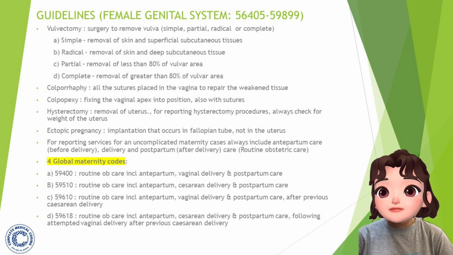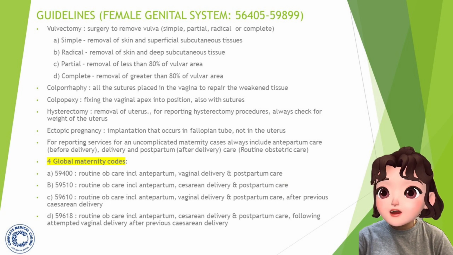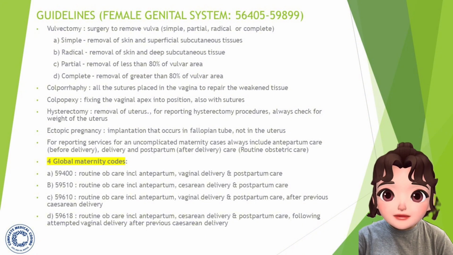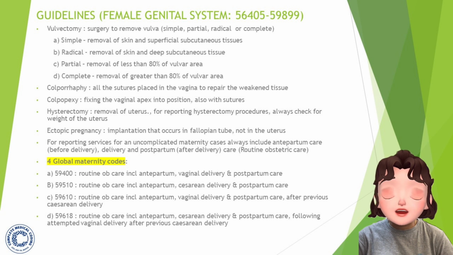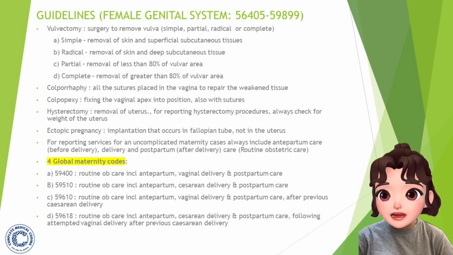Now, for reporting services for uncomplicated maternity cases, always include antepartum care. Antepartum means before delivery. Then delivery and postpartum care. Postpartum care means after delivery. So these three are called routine obstetric care.